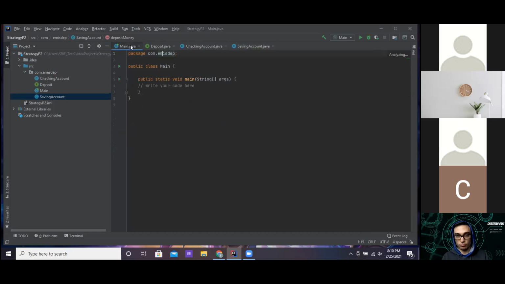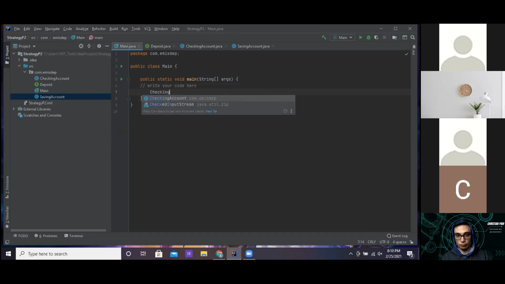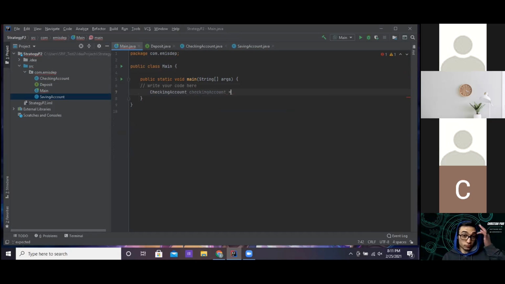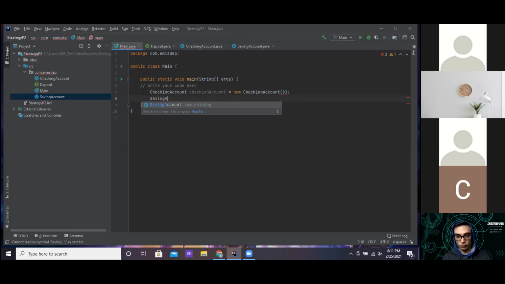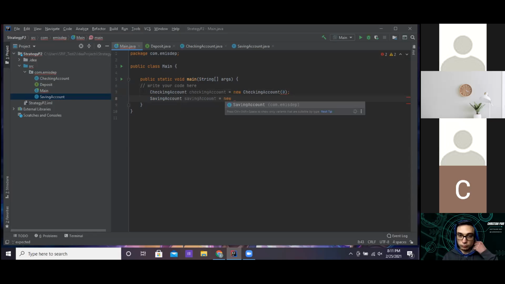Okay. So under main, just gonna make a checking account equals checking account. And we're gonna give it a balance of 0. And then I make a savings account. And balance of 100. Constructor.